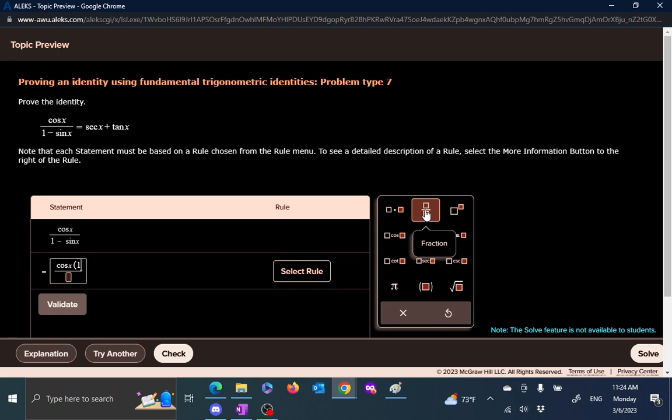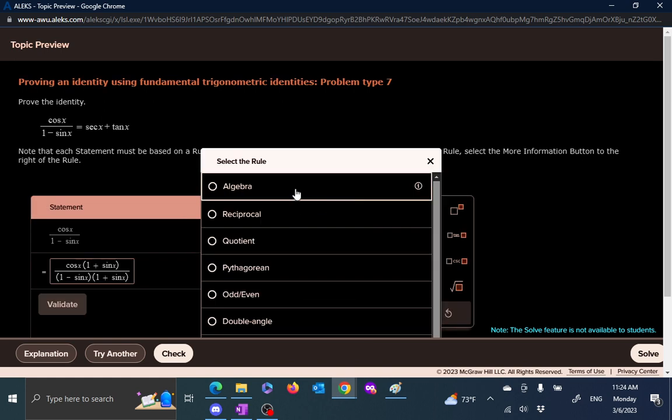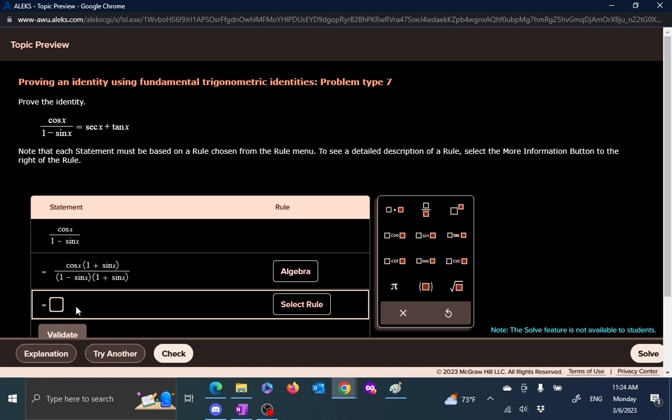We said we multiply by 1 plus sine of x, and denominator we had 1 minus sine of x. We multiply that with the same thing, 1 plus sine of x. So all that we have done is some algebra. Are we okay? Let's hope so.